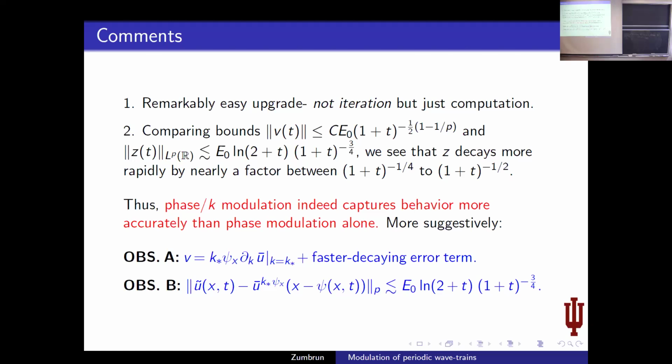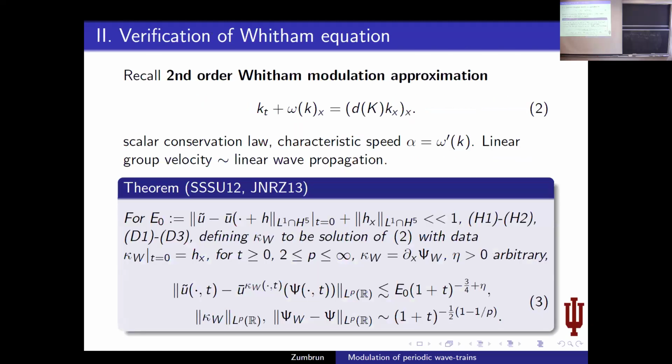This rest is Z. If we want to compare U tilde and the full phase modulated solution, we just computed it: T to the minus 3/4. So we've got two things to work with. Now this is a tricky point. We look back at the Whitham equation. It's a scalar conservation law with characteristic speed omega prime. Now, here is our theorem.